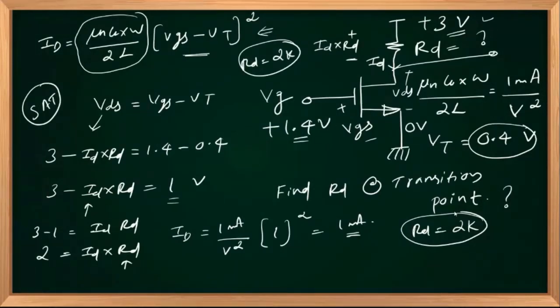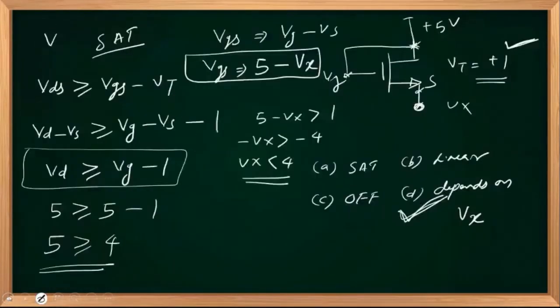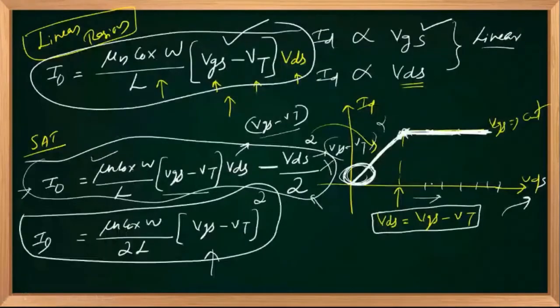If you are increasing RD, the ID-RD drop increases, 3 minus ID-RD decreases, so VDS decreases. If VDS decreases, it is moving towards the linear region. If you are decreasing RD, VDS will increase, that will move to the saturation region.